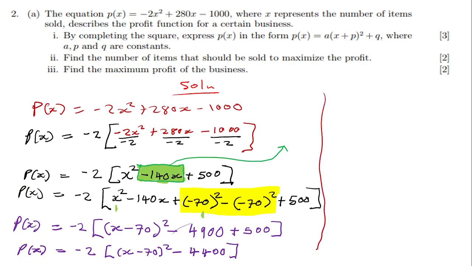x squared minus 140x plus open bracket negative 70 squared is the same as open bracket x minus 70 squared.